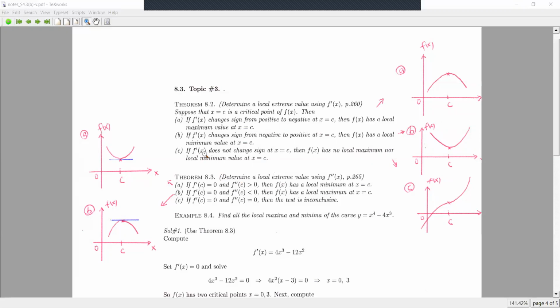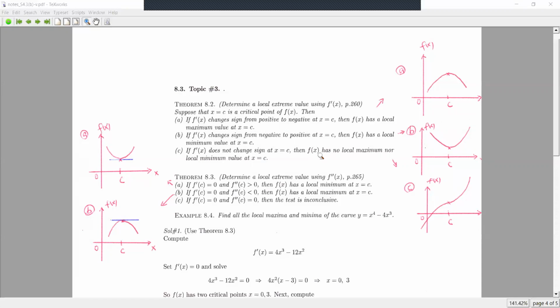Similarly, if the derivative on the left of the point C is negative, and on the right of the point C is also negative, so it doesn't change sign, then the graph of the function will be decreasing on the left and decreasing on the right.